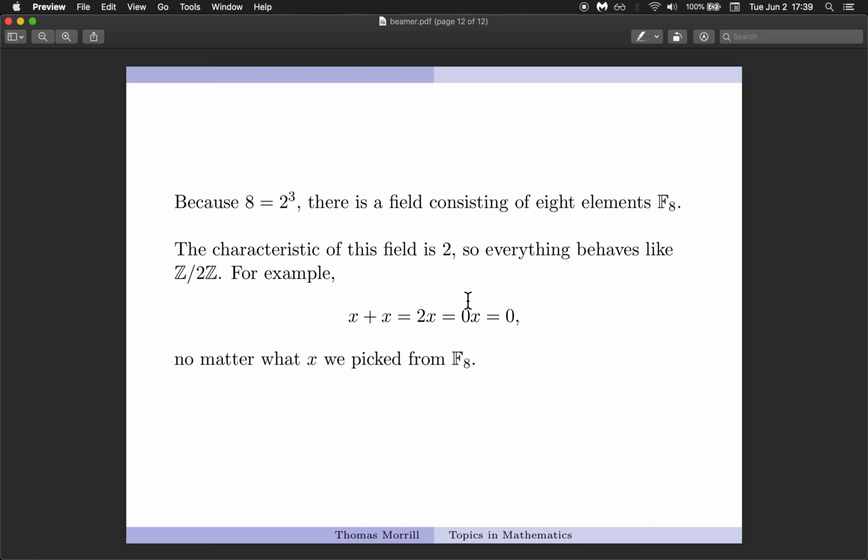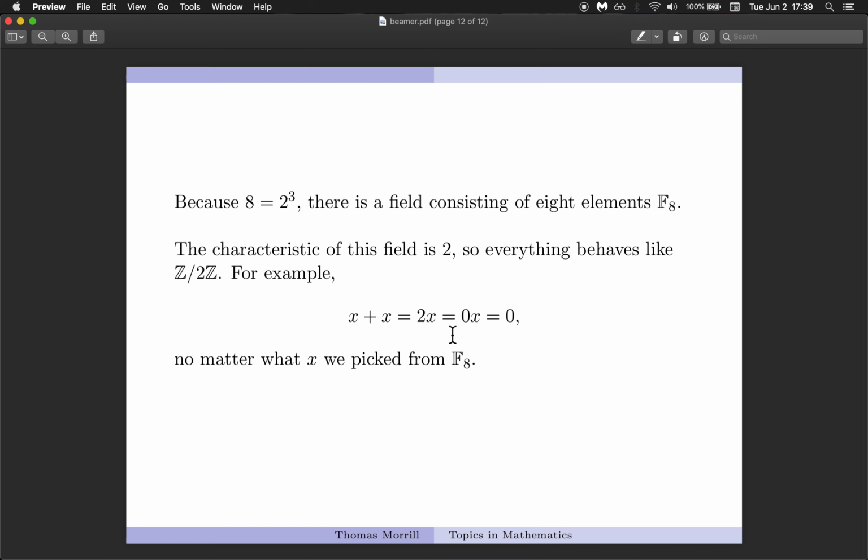We've already seen this idea before when we were working in Z mod 2Z, but that continues to hold in any field of characteristic 2. So I'd say that 2x is the same as 0x, and 0 times anything is 0. It doesn't matter what x we started out with from this field.